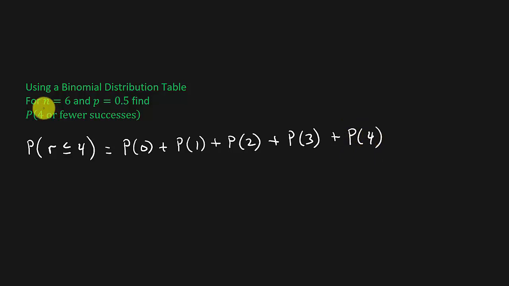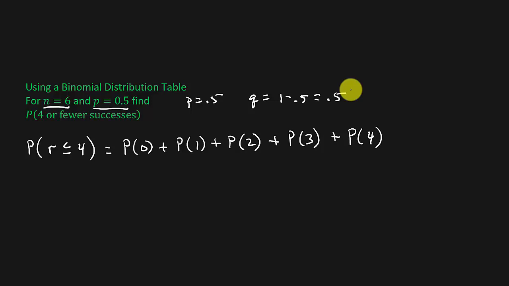And notice here they tell us n is 6 and p is 0.5. So we also know q is equal to 1 minus 0.5, which is 0.5. But when you're using the table, you don't need to know what q is, okay?